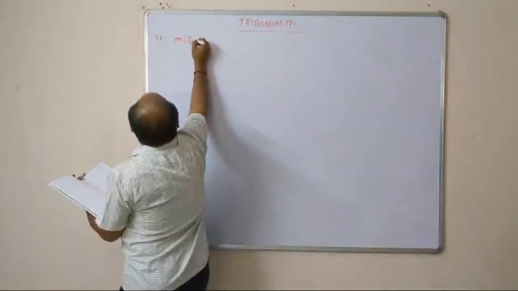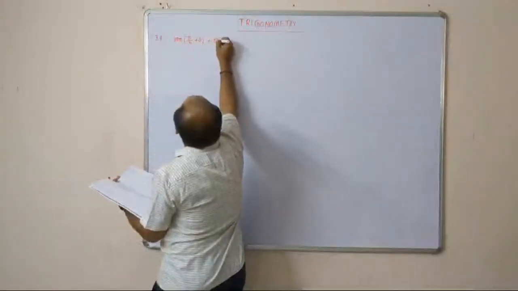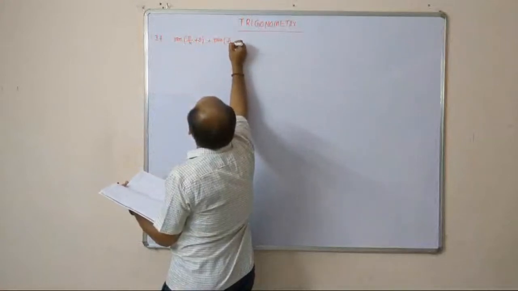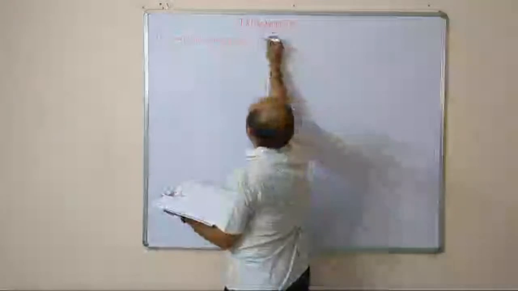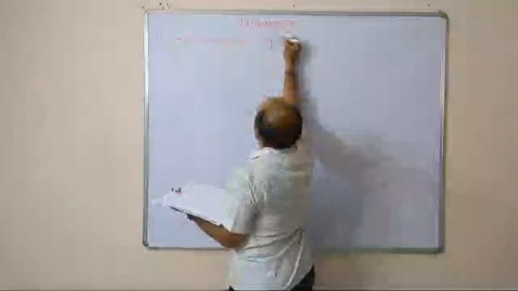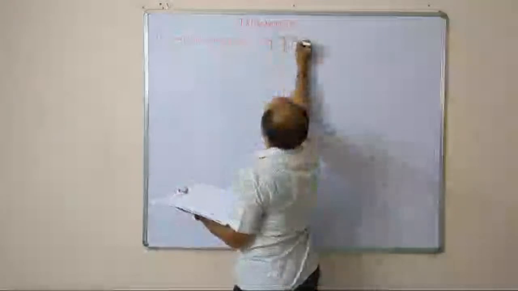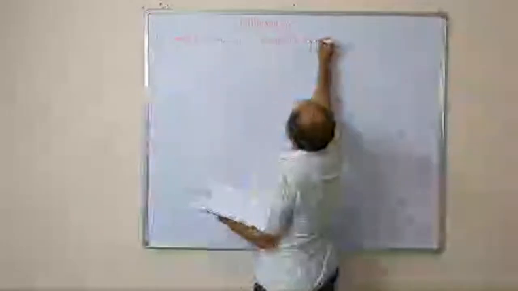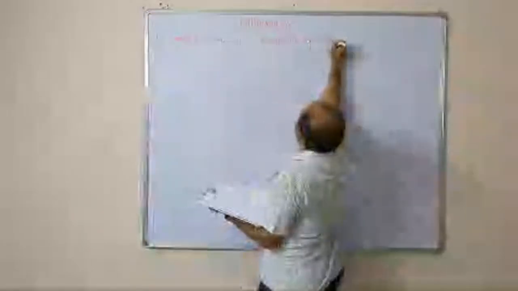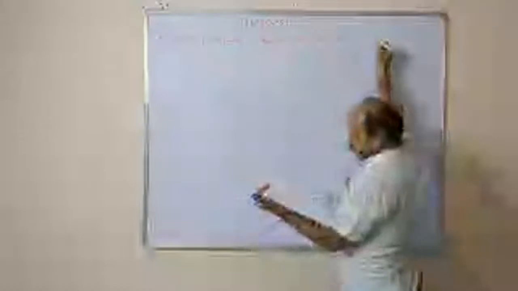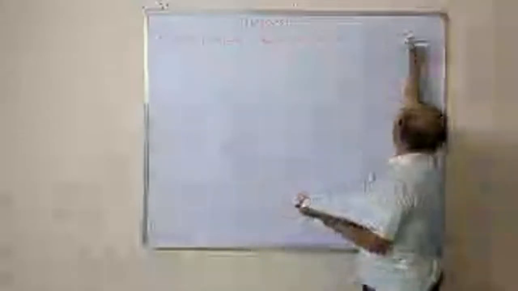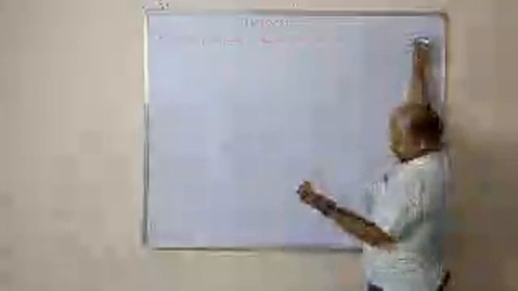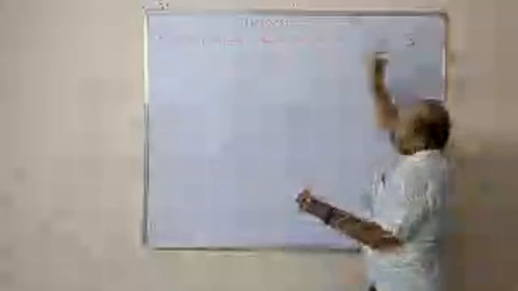tan pi by 4 plus theta plus tan pi by 4 minus theta is equal to 3. Then tan square pi by 4 plus theta plus tan square pi by 4 minus theta equal to 6, 4, 7, 5. This is one question. Another question.